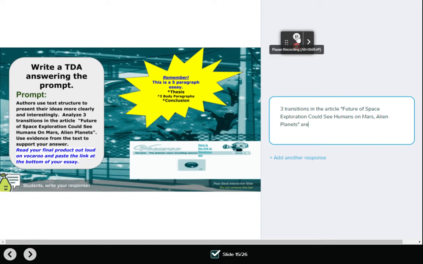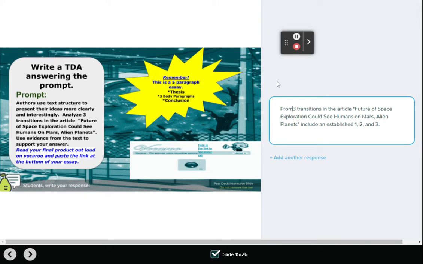Include and establish context, quotations, and paraphrases. I think that'll kind of get us there. But let's just say we go with one and two. Establish context, quotations, and paraphrases. All right, let's just go with one, two, and three.